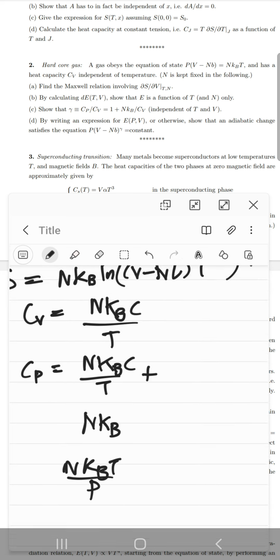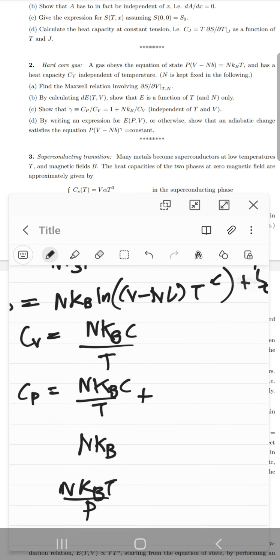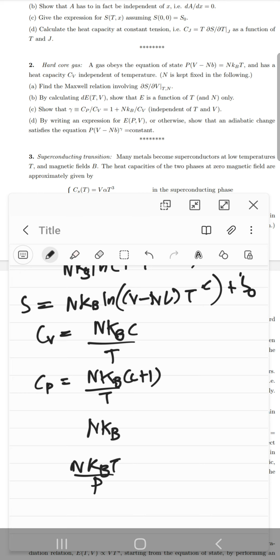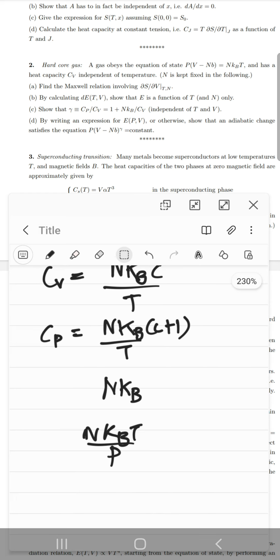So you can just use that fact, and then this whole thing can be written as natural log of P to the power minus 1, T to the power C plus 1, and some other constant, and then you have nkB over there, and then some constant stuff, whatever, doesn't really matter. And so instead of this, you would just have C plus 1 over there. That's the only difference. Wow. Okay, that was easy. Yeah, right. So that's the thing, huh?